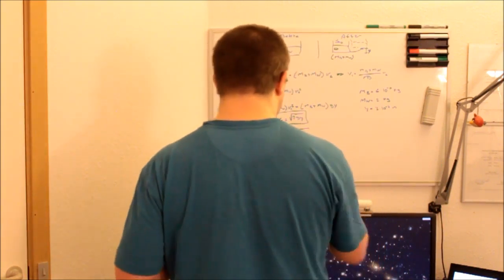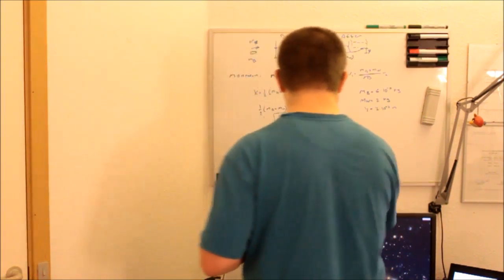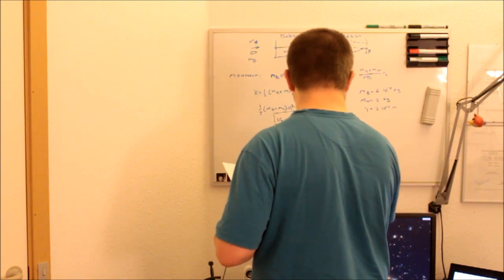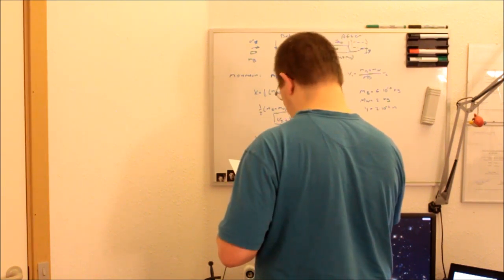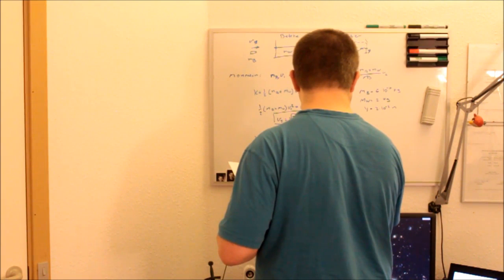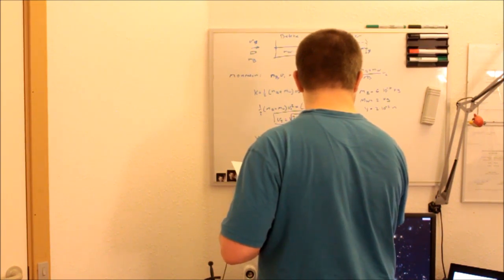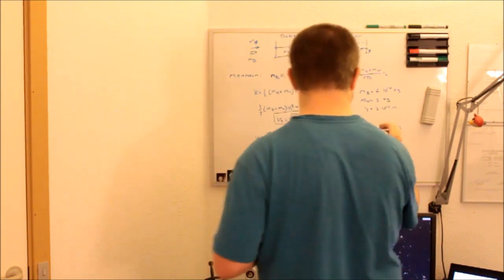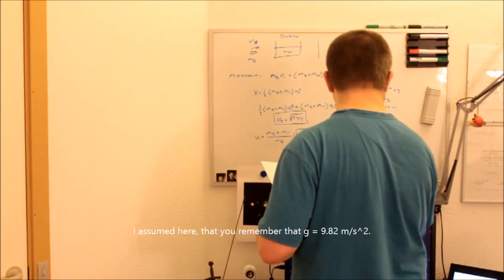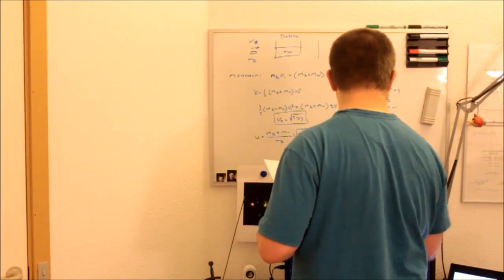Alright, so now we can put this in, and that gives us (5 times 10 to the minus 3 plus 2) divided by 5 times 10 to the minus 3, times the square root of 2 times 9.82 times 3 times 10 to the minus 2.